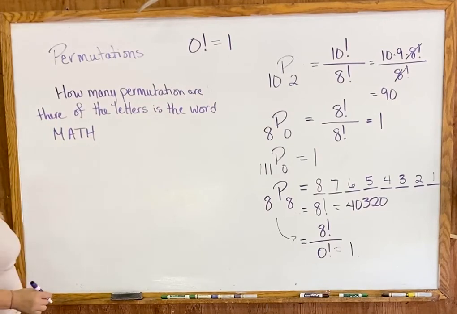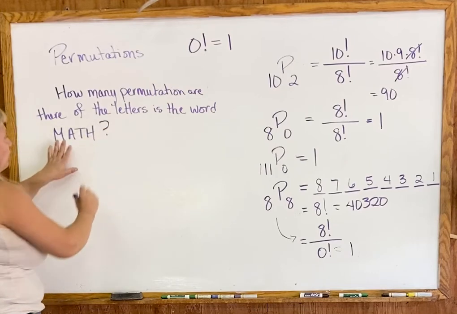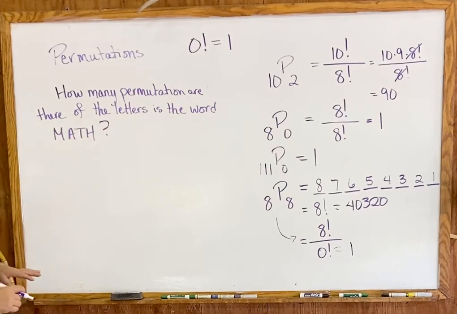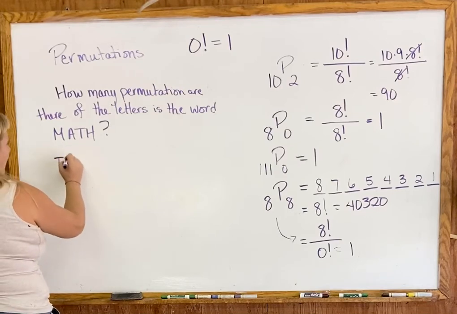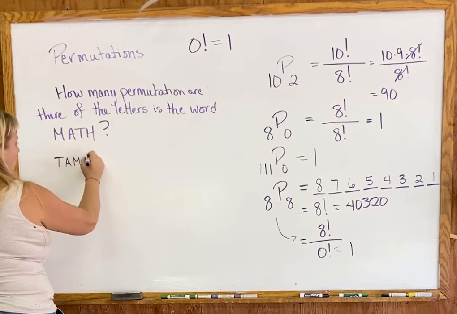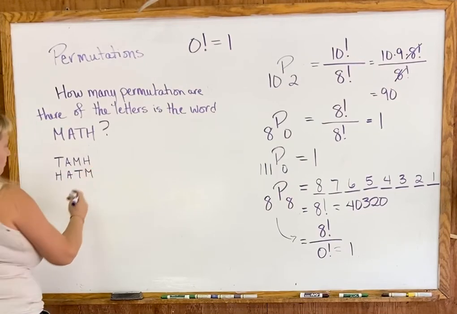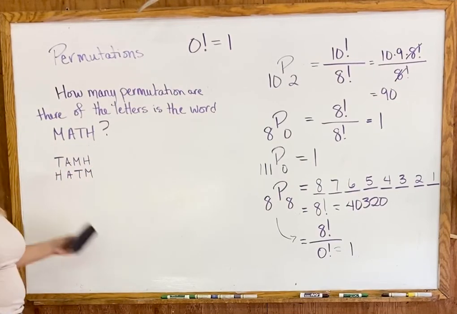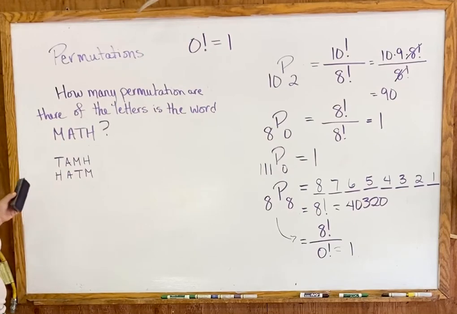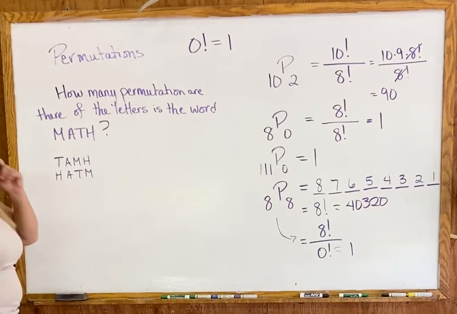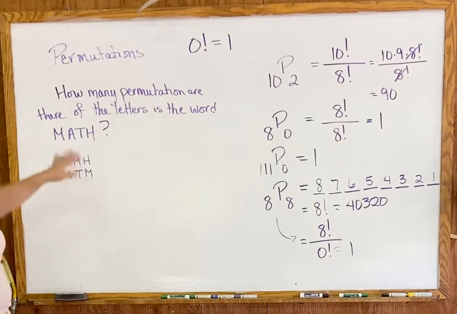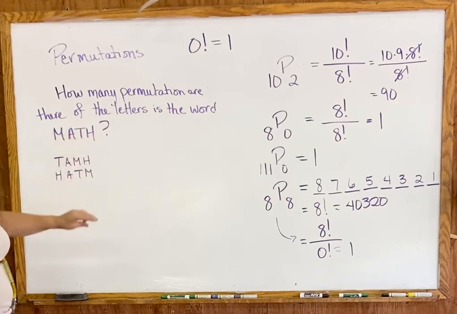Okay, so this time what I want us to do is just rearrange the letters in the word math. It doesn't need to make another word, but an example might be T-A-M-H. Another one might be H-A-T-M. There's a lot of different arrangements. Some of them will make words, some of them won't. So we want to make an ordered arrangement of those 4 letters.